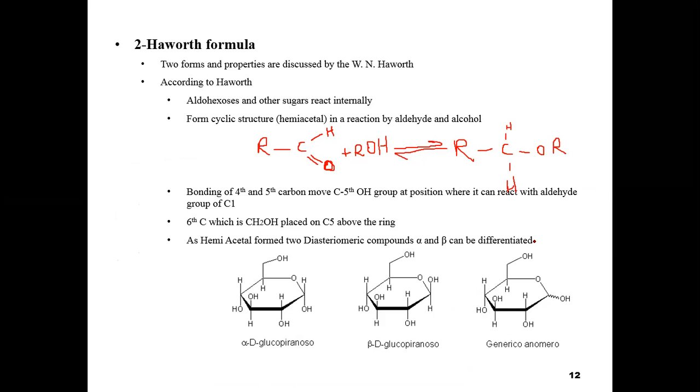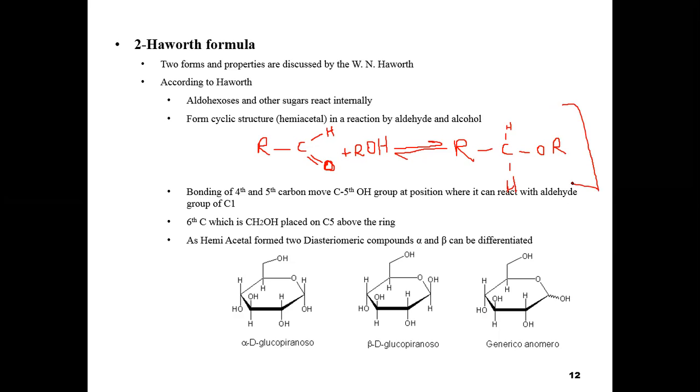For example, the inner carbonyl carbon of the glucose molecule and the inner alcoholic group of the glucose molecule will react with each other and make the hemiacetal form, leading towards the closure of the molecule. It may close the molecule to make the ring structure.